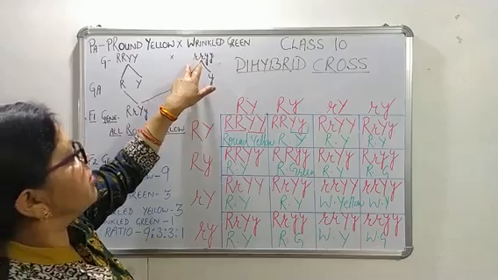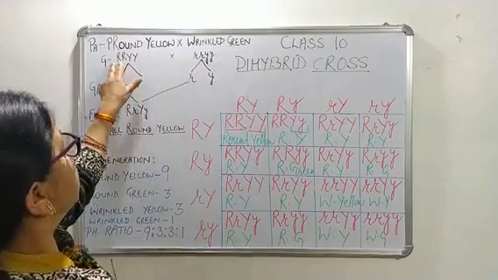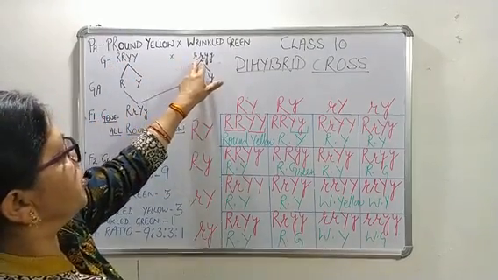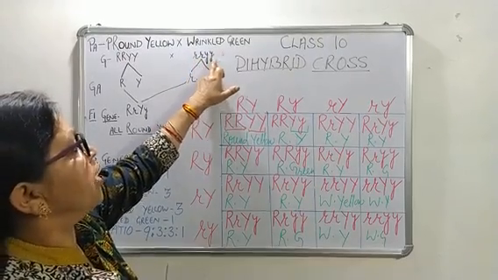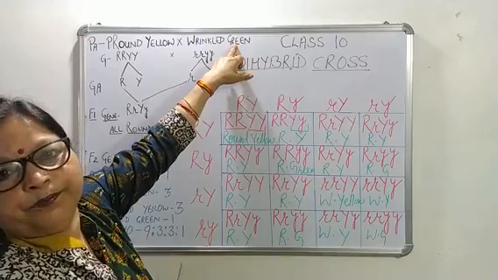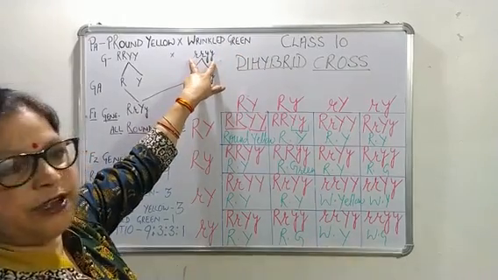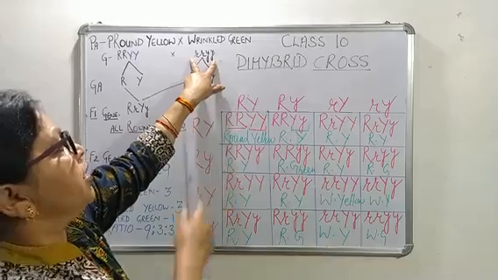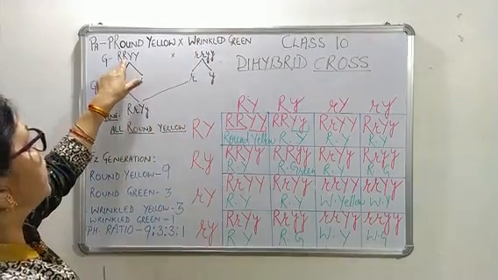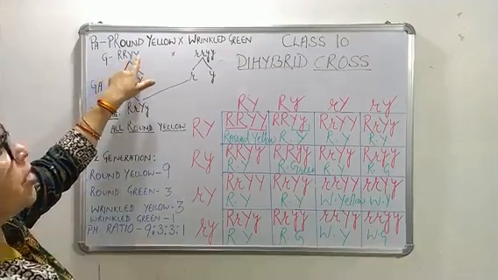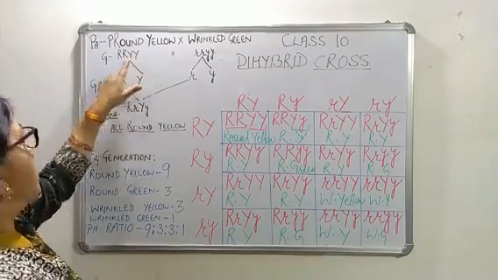On this side, wrinkled is small rr, while here it was capital R. So we will be using two small r for one character and two small y for the green character. This is a recessive trait, so we will denote it with small letters. One character is controlled by two factors, so two characters will be controlled by four factors.